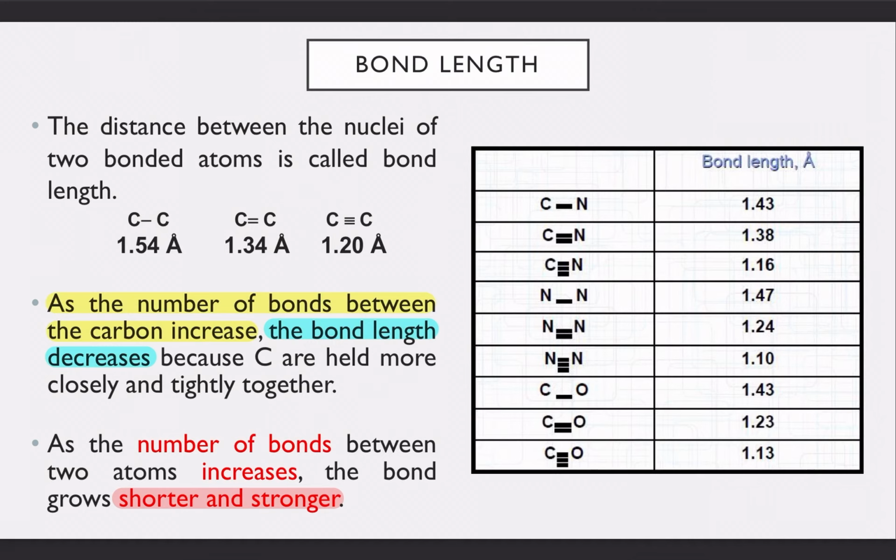When the number of bonds increases, the bond grows shorter and stronger. So you can see here the relative lengths of your different bonds.